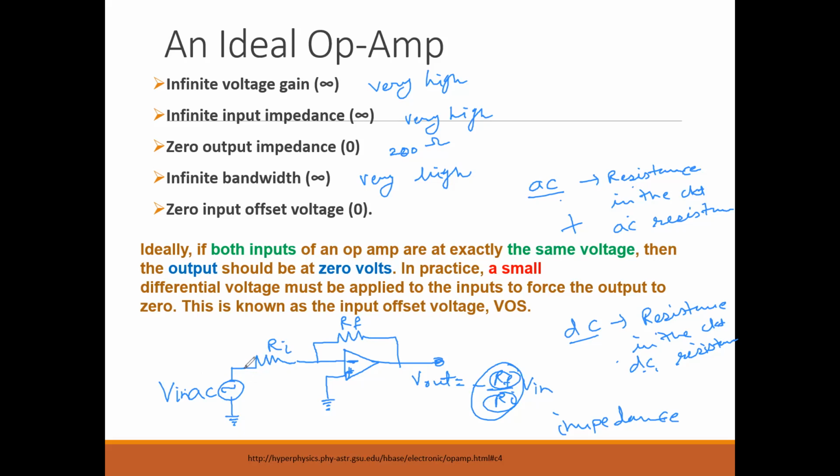So this RF, RI, because of this resistance, due to this AC source, some current will flow, right? So AC current will cause some voltage to develop across this RI. So you can call it AC resistance.